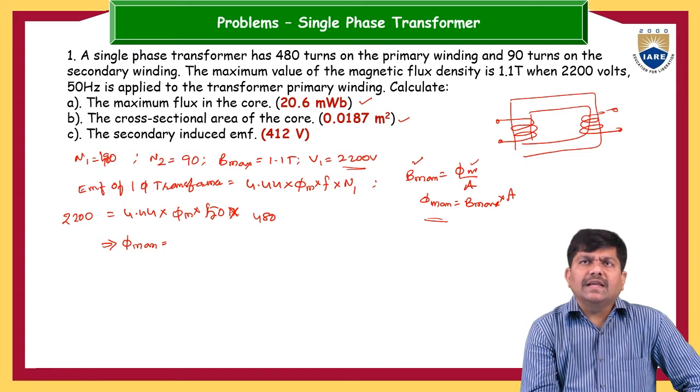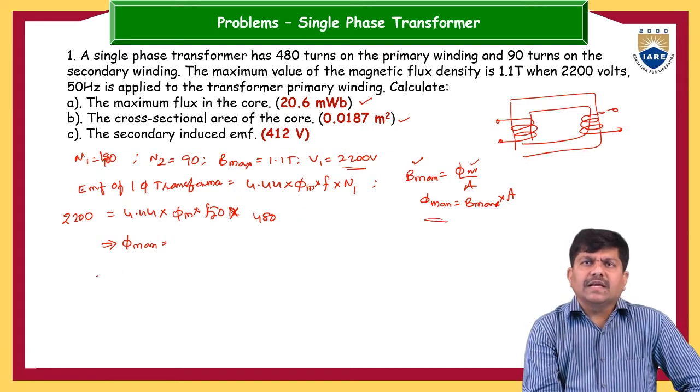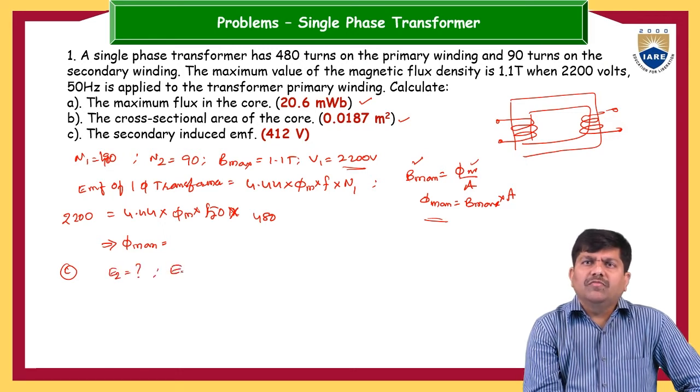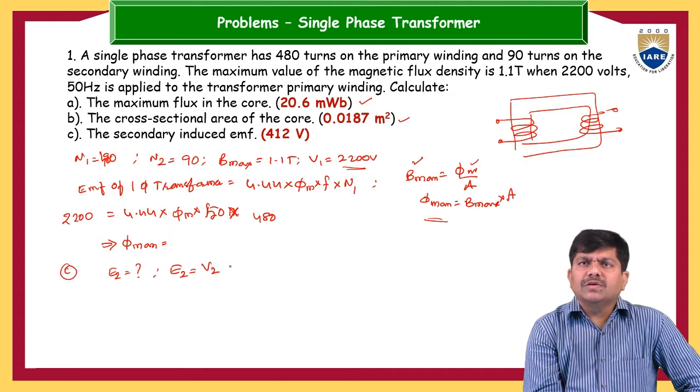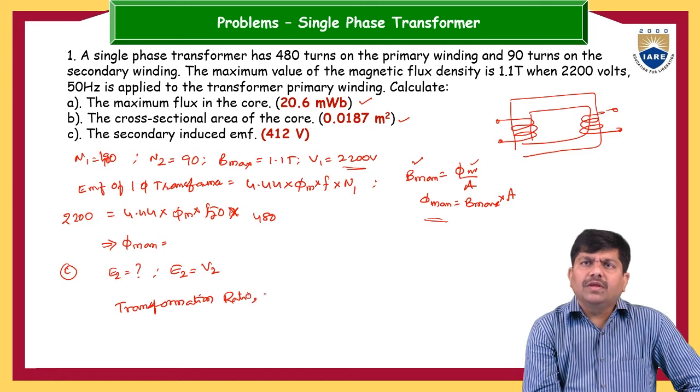And the last one is the secondary induced EMF. So what is the secondary induced EMF, that is E2? For a while you can assume E2 is equal to V2. We know the transformation ratio K is equal to V2 by V1, which is equal to N2 by N1, and also equal to E2 by E1.